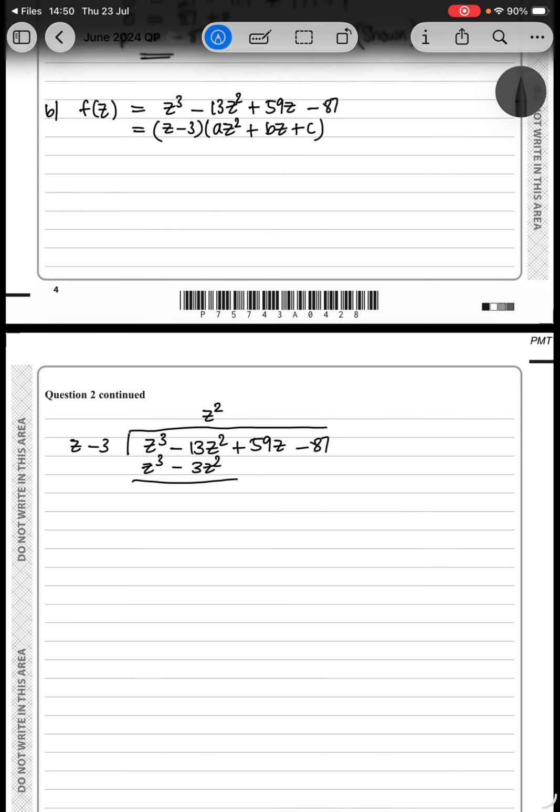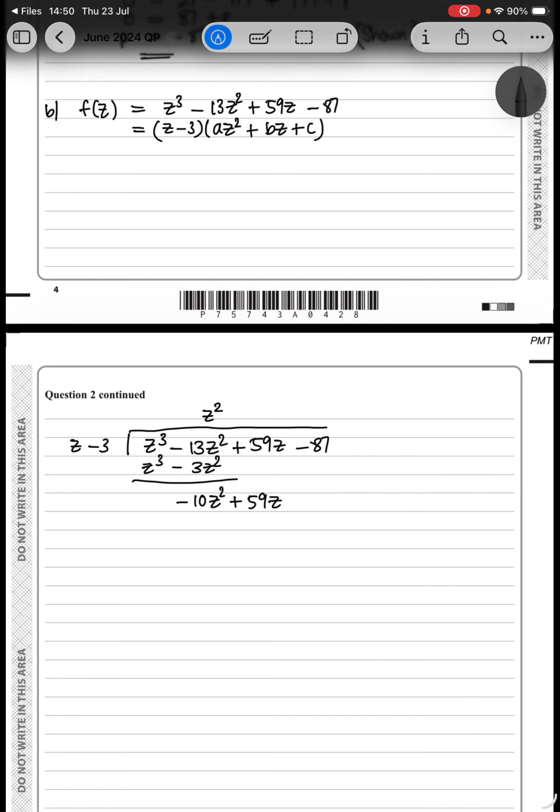Minus 13 minus the minus 3 is going to give us minus 10. We bring down the plus 59z.